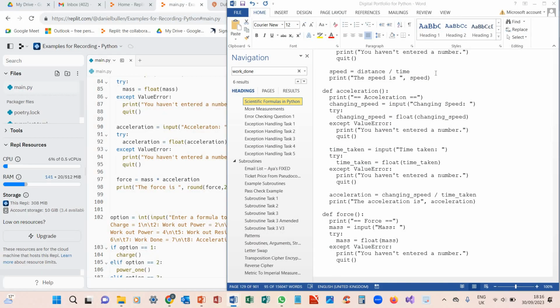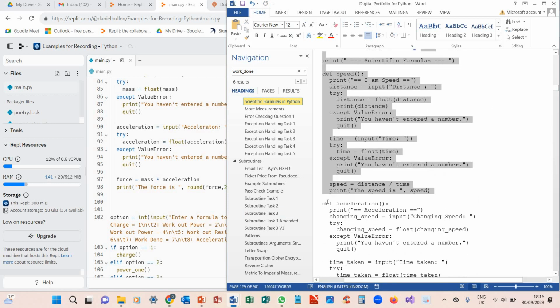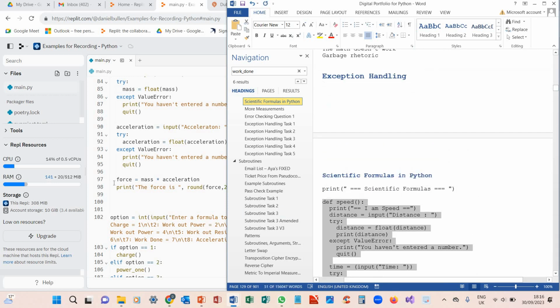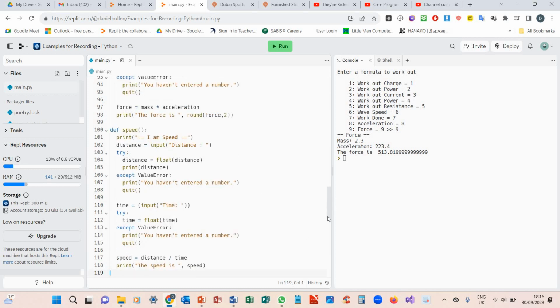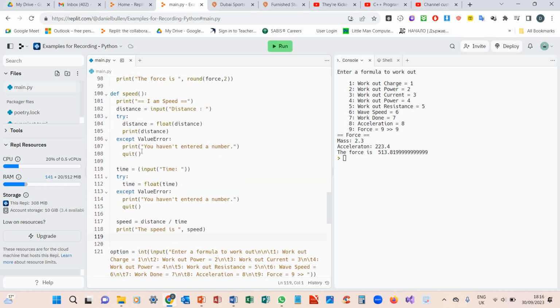So we need speed now, which is distance over time.